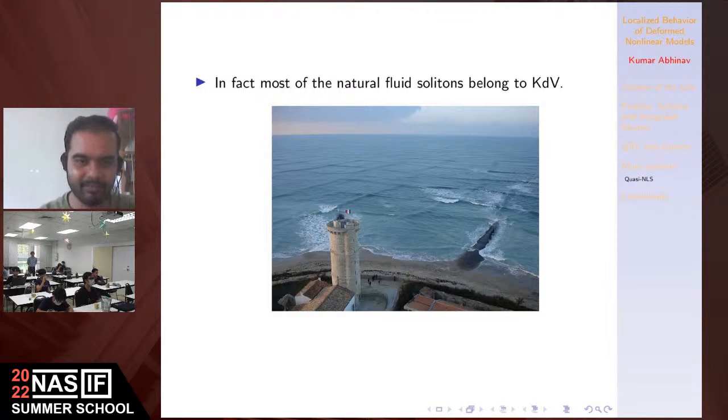Still, they're maintaining their shape. So you see how wonderful it is that these robust solitons exist. These kinds of solutions are explained by the KdV, because near the shore it's a shallow wave, not the nonlinear Schrodinger equation, but KdV. NLS works in non-shallow water mostly.